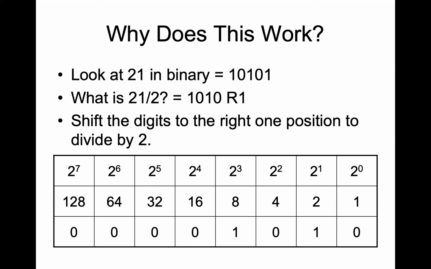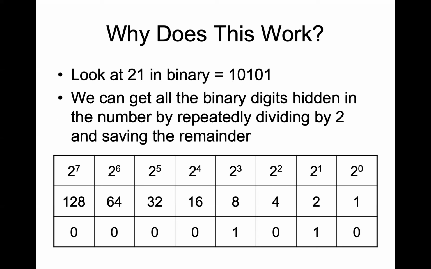What we've looked at so far is an argument that our algorithm works for the least significant bit, and an argument that division by 2 shifts the binary number over by 1 bit position. By putting those facts together, we can see that this algorithm works.